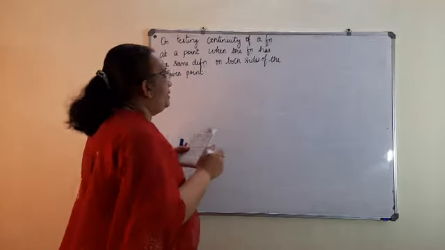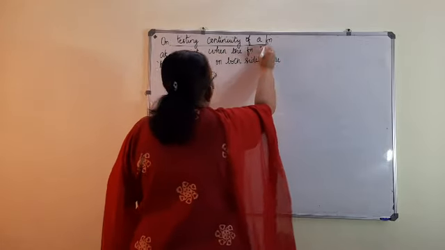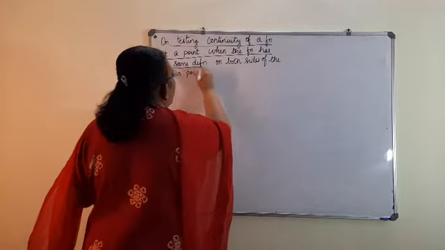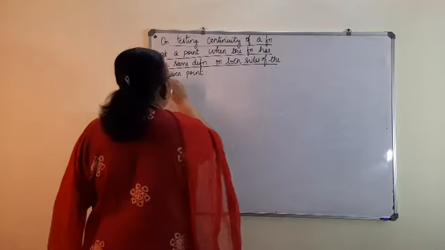Category wise I will be discussing. So this is the first one, on testing continuity of a function when the function has the same definition on both sides of the given point.